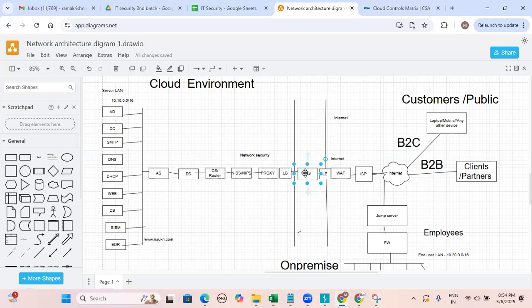Based on your requirement, the firewall, Azure firewall, Amazon firewall or GCP firewall will monitor the inbound traffic and outbound traffic, and it will prevent attacks.